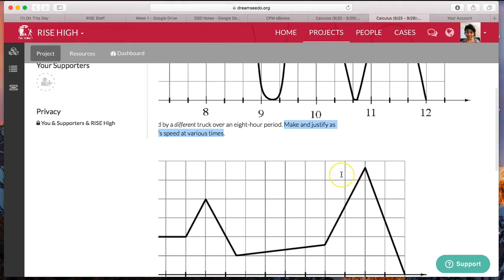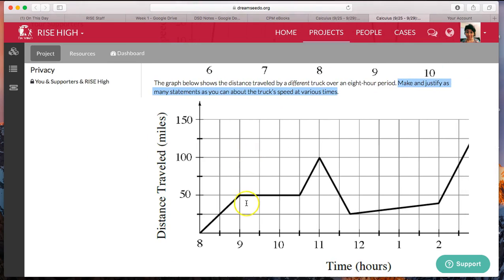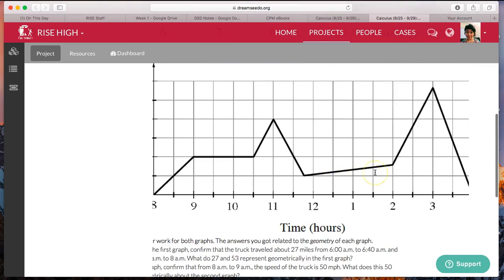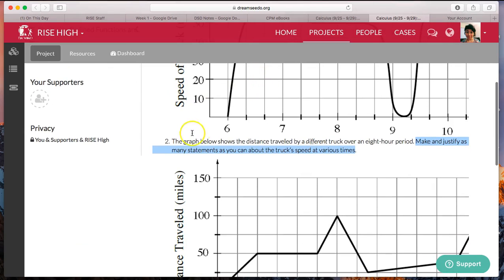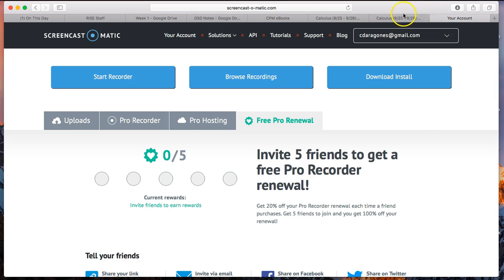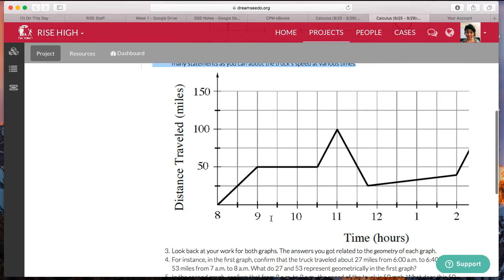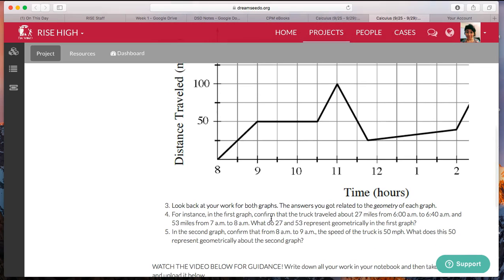Okay, so go ahead, pause the video here while you make as many statements as you can about this truck's speed. And the truck's speed, right? So this one, if we traveled 50 miles in 1 hour, so its speed must be 50 miles per hour during the first hour. Okay, so you go ahead and make those statements for this graph, and pause the video while you finish that, and when you're done, go back to the video.